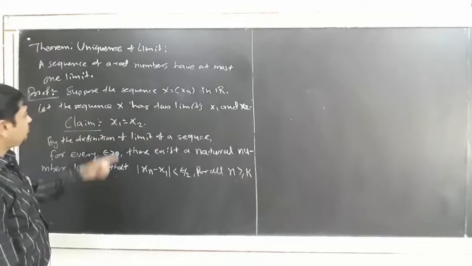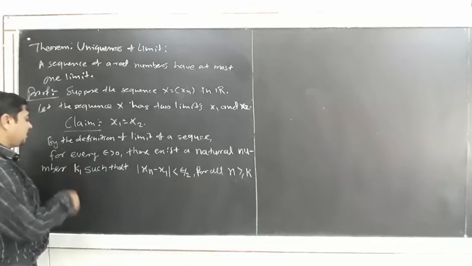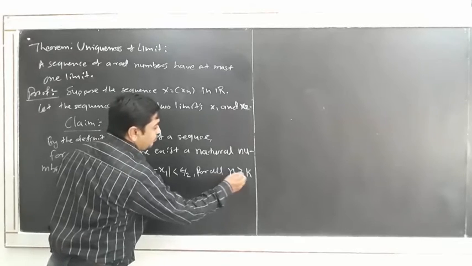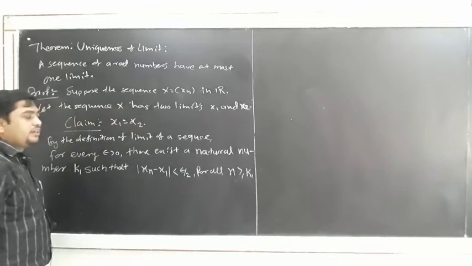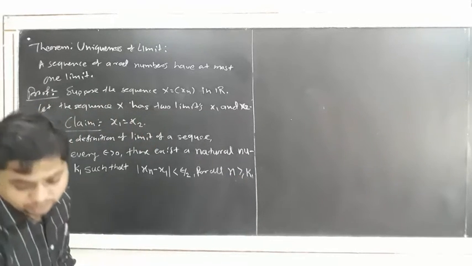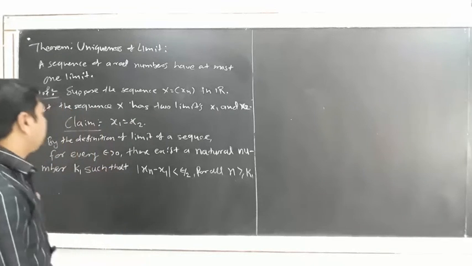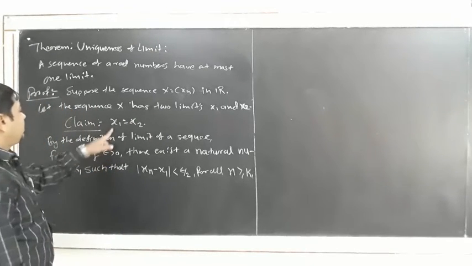So we have two limits, so we have to write two definitions. We are taking here k1, therefore we can write n is greater than or equal to k1. So we write the definition for the limit x1.